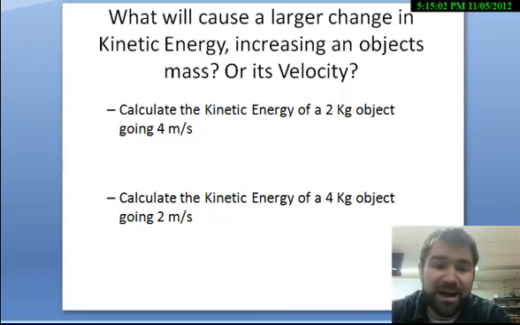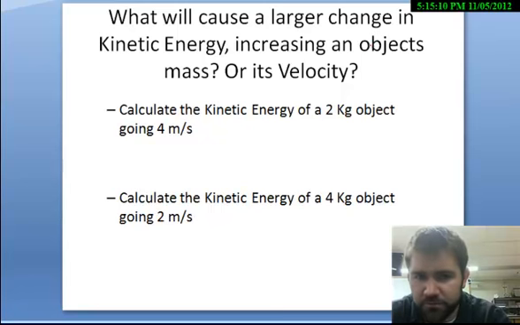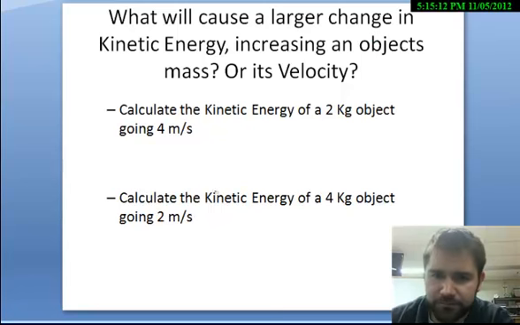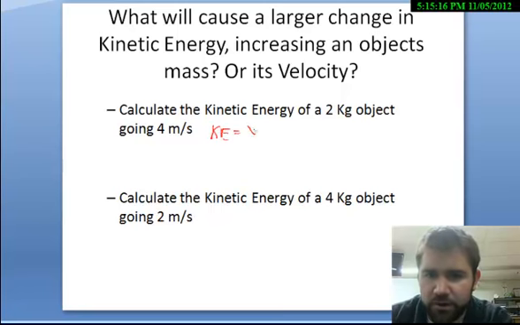This problem asks us to calculate the kinetic energy of a 2 kilogram object going 4 meters per second, or the kinetic energy of a 4 kilogram object going 2 meters per second. So, kinetic energy is equal to 1/2 mass times velocity squared. Therefore, kinetic energy is equal to 1/2 times 2 times 4 squared.